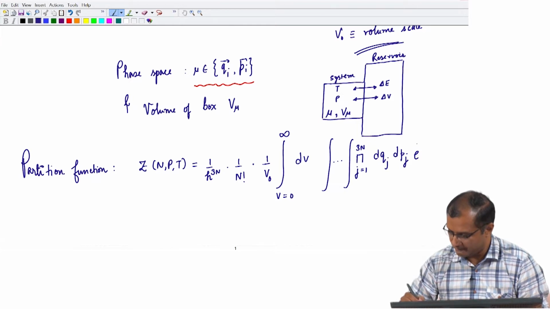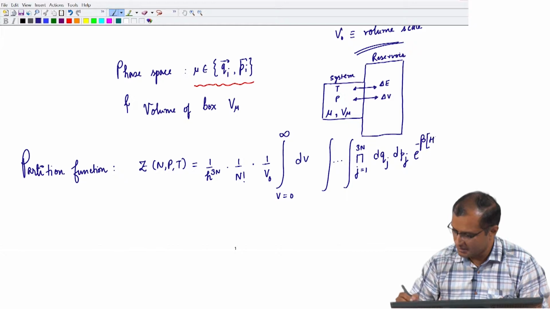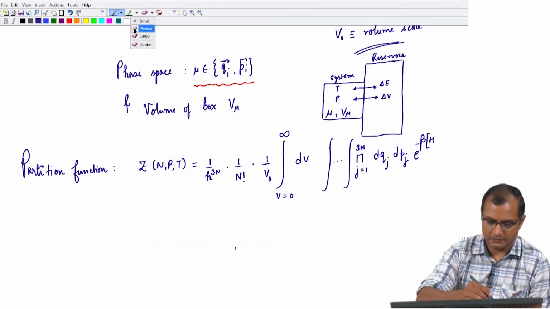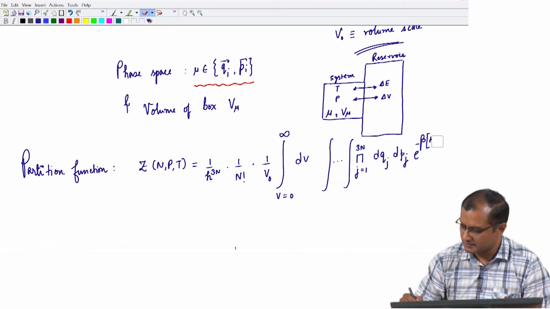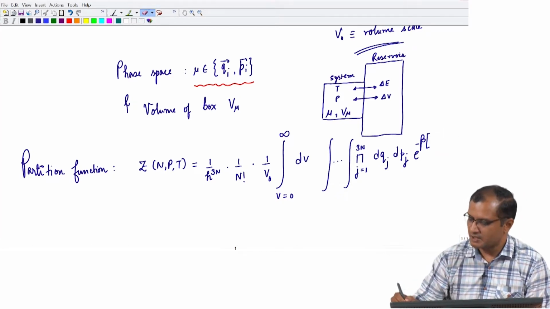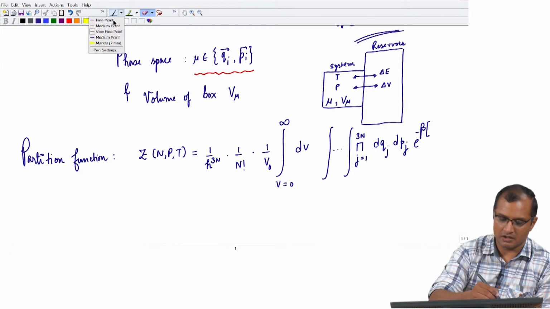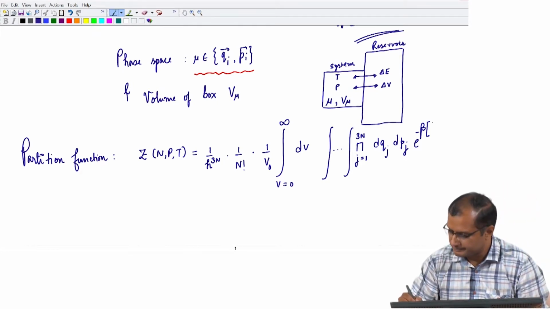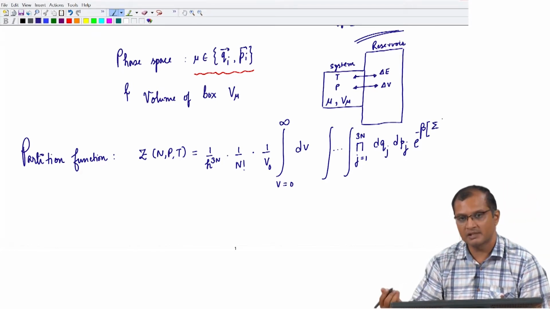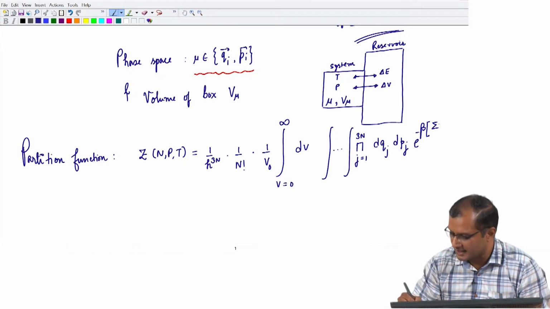So, I will now write down d cube q and d cube p into the Boltzmann factor, which is e raised to minus beta, the Hamiltonian of the microstate. Now, the Hamiltonian of the microstate is nothing but a summation over all momenta, because that is the only energy the system can have, it is an ideal gas.